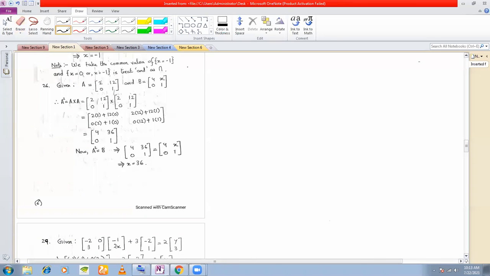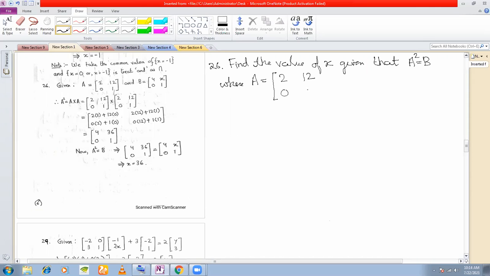Number 26. The question here is, find the value of x given that A square is equal to B, where A is equal to [[2, 12], [0, 1]] and B is equal to [[4, x], [0, 1]].